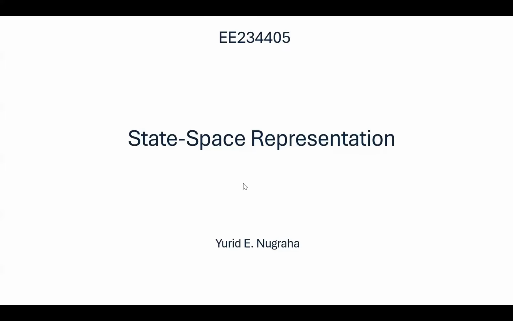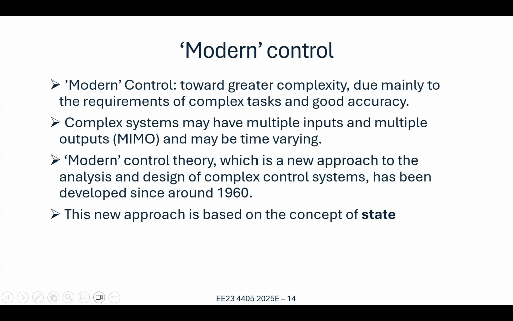Yeah, hello everyone. So here we are going to continue the topic, the state space representation that we have previously discussed a little bit. The idea here is from modern control, where we now go toward greater complexity, due mainly to the requirement of complex tasks and good accuracy.